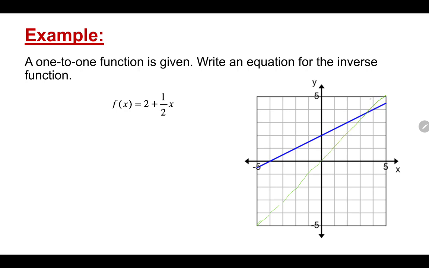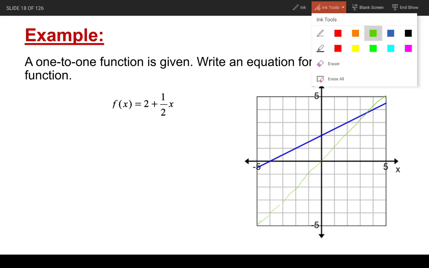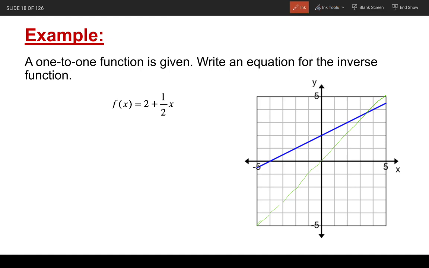We're going to double check because that's what inverse functions do. They're mirrors of each other. So let's put these in. So first, this one's blue. I'll start with the blue and then we'll change it to the other color.